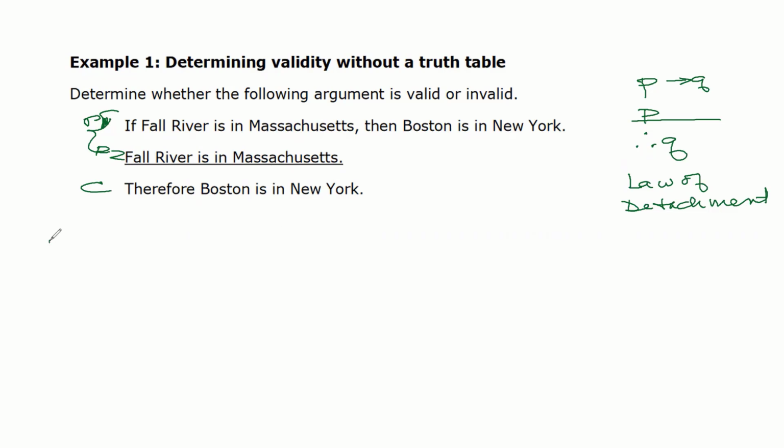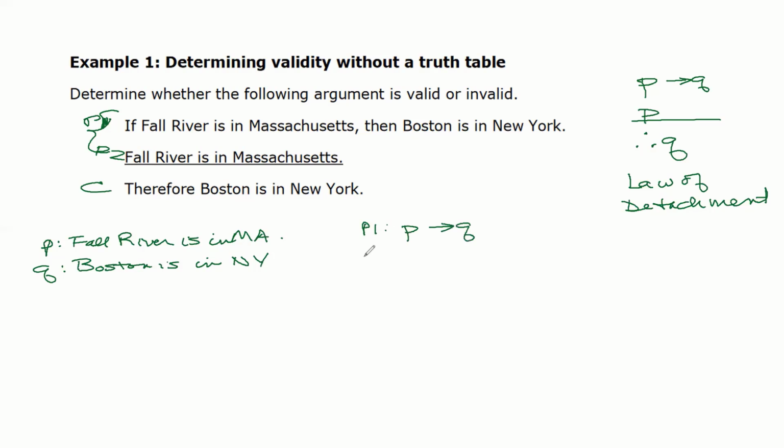So let's see if our premises and our conclusion match this Law of Detachment. If we let P be Fall River is in Massachusetts, and we let Q be Boston is in New York, then we have for premise 1, if P, then Q. For premise 2, we have P, and then for a conclusion, therefore, with this symbol that looks like a triangle but with dots, therefore Q. This matches the Law of Detachment.